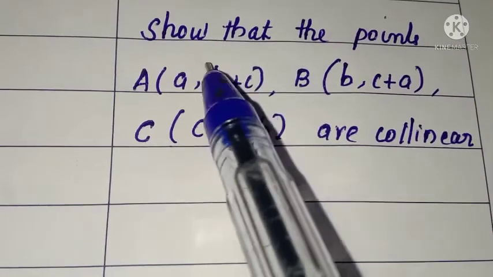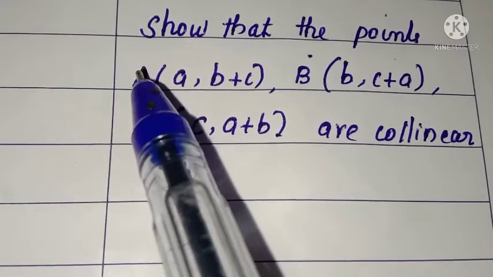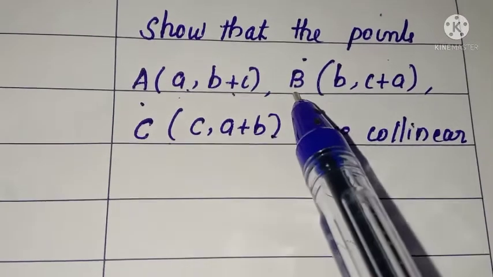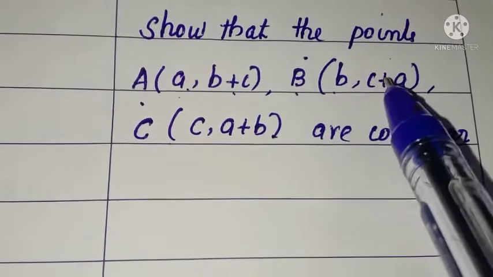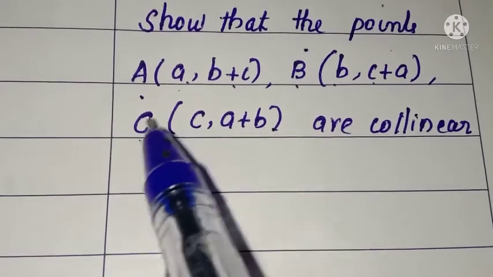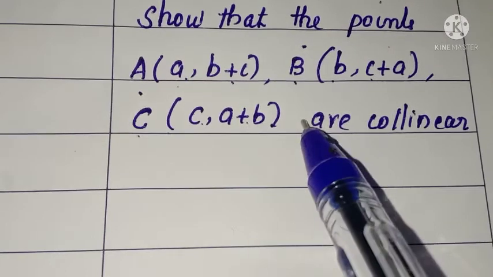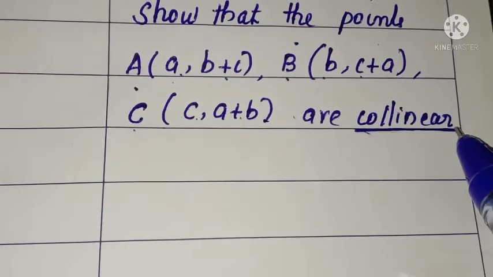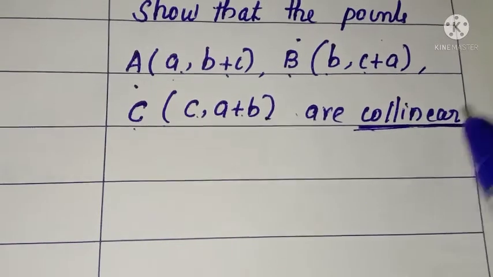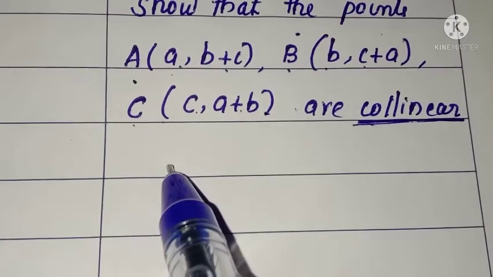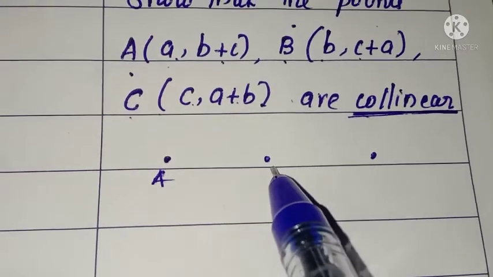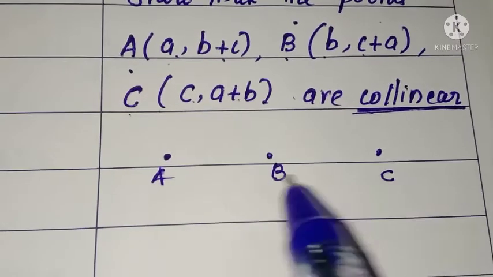Listen to the question. Show that the points A with coordinates (a, b plus c), B with coordinates (b, c plus a), and C with coordinates (c, a plus b) are collinear. Collinear means, we know, all the points lie on a line. So these three points are collinear, that we need to prove.